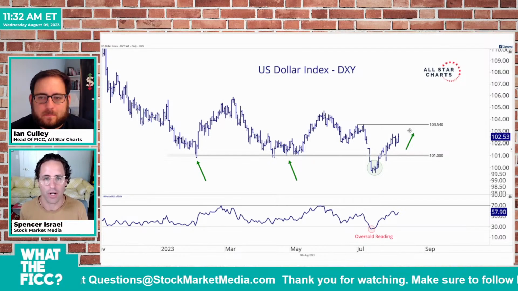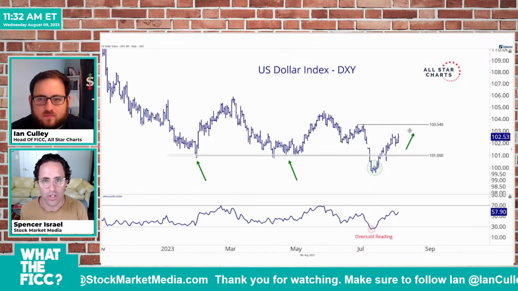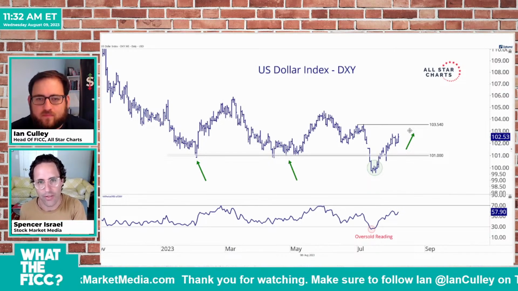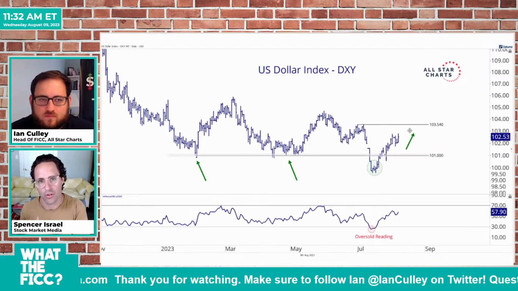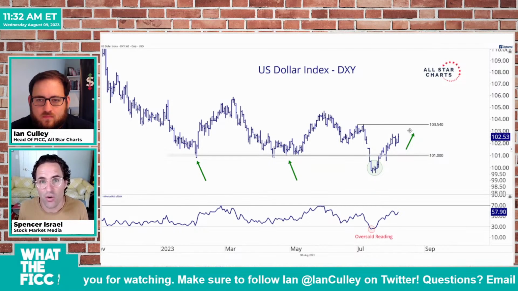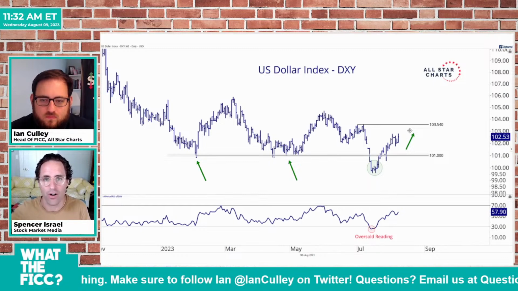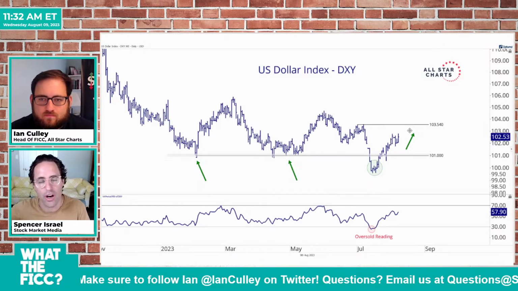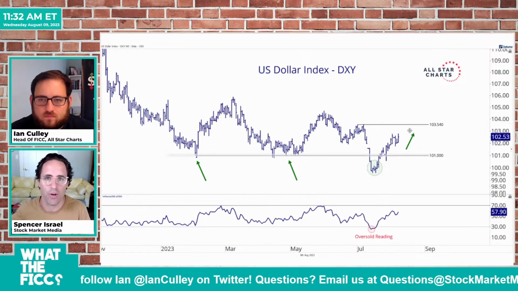We're already starting to see a correction in tech, and the leadership is starting to shift down the cap scale from large cap tech to smaller cap stocks and to more cyclical areas of the market, because the dollar's been catching higher along with interest rates, and those are the areas of the market that tend to enjoy rising rates.